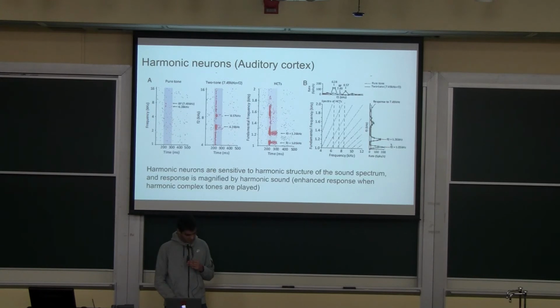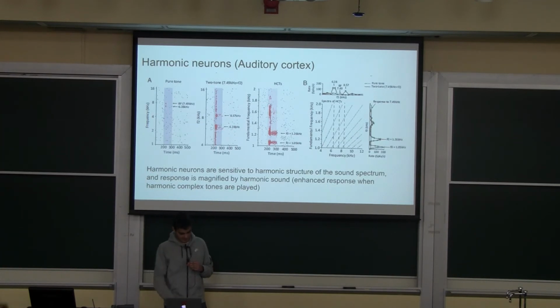The neuron fires most when, for example, you observe the 7th harmonic of that 1.05 or the 6th harmonic of the 1.26. So basically, it fires if a particular harmonic of the fundamental frequency lines up with its characteristic frequency. It's able to pick up that sort of information.